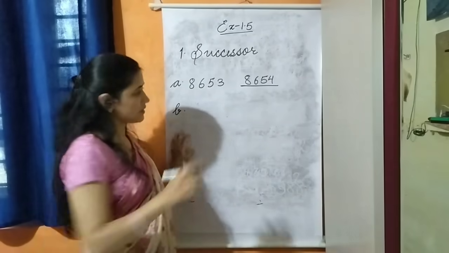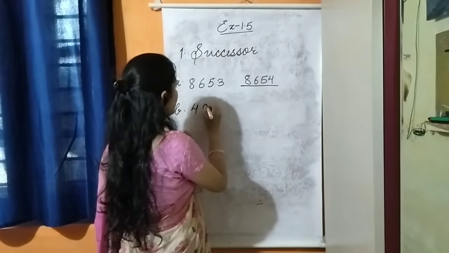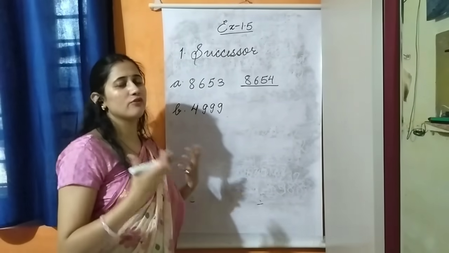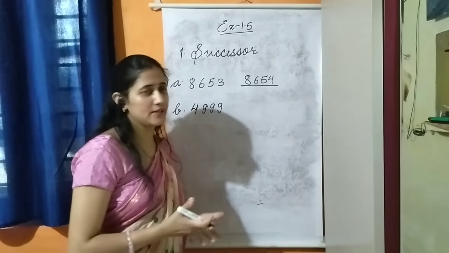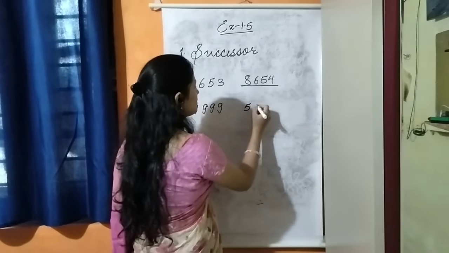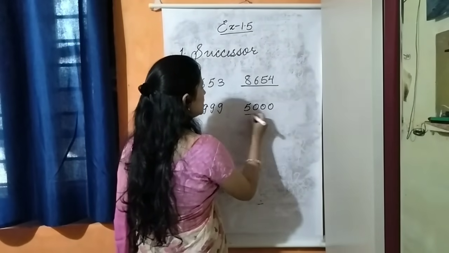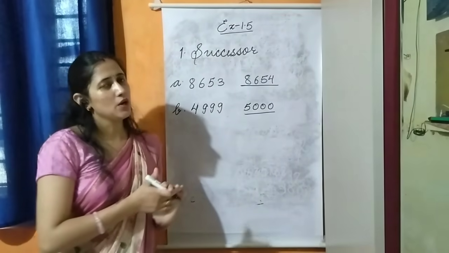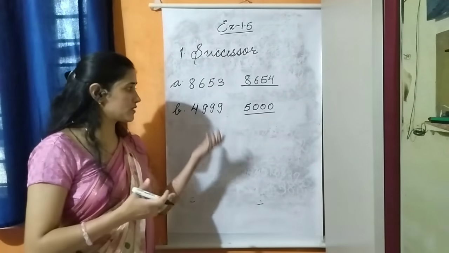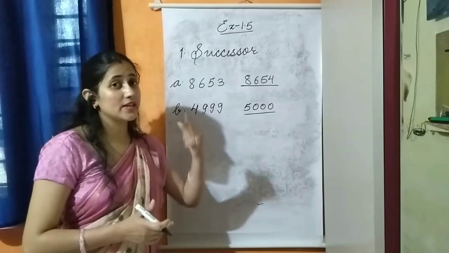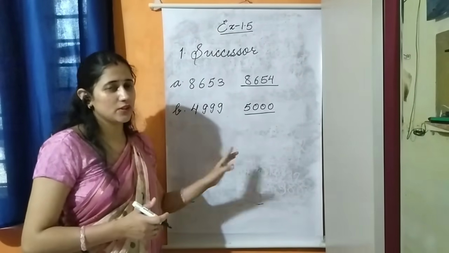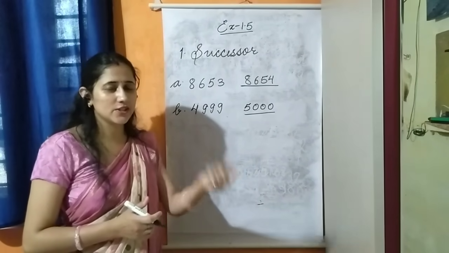B is 4999. The successor of 4999 will be 5000. You can find your answer by counting also or by adding 1 also. If you are confused, add 1, but always add that 1 with the ones place only. When you are writing 1, it is a 1-digit number.